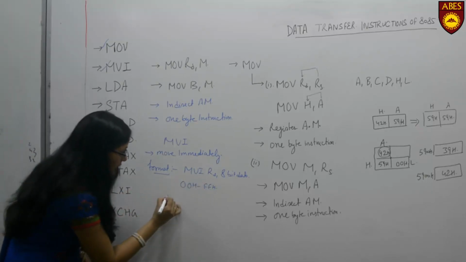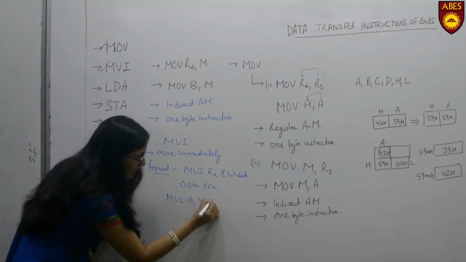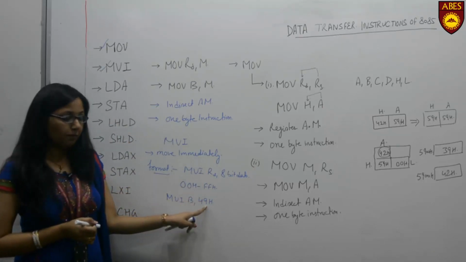For example, if we write MVI B, 49H, H stands for hexadecimal. These all are hexadecimal numbers.